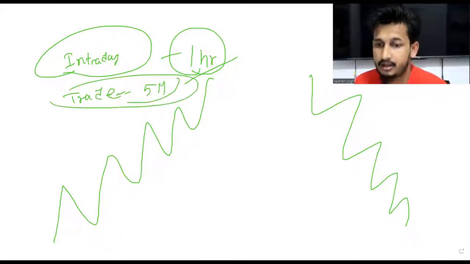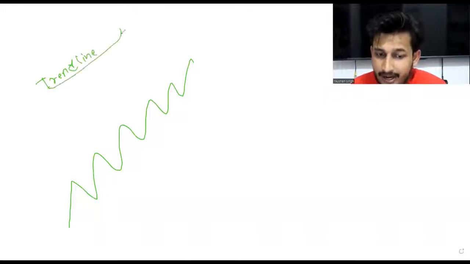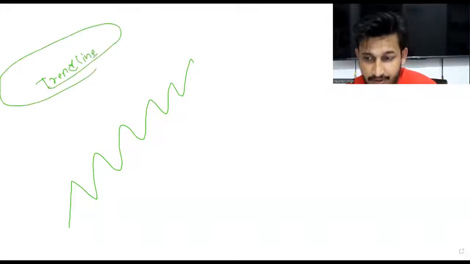Now, how do we know when the market is actually in downtrend? For this purpose we draw trend line. Trend line is also one kind of support and resistance for us.